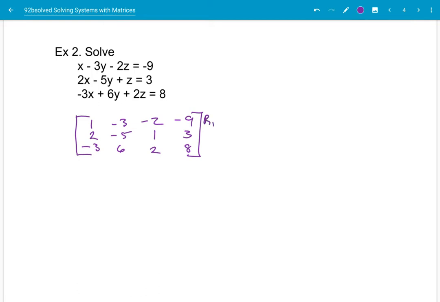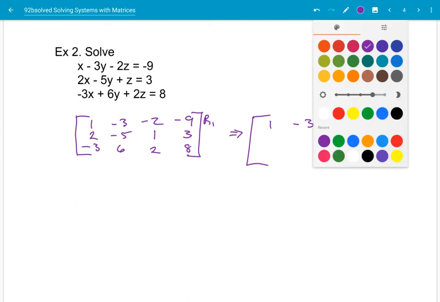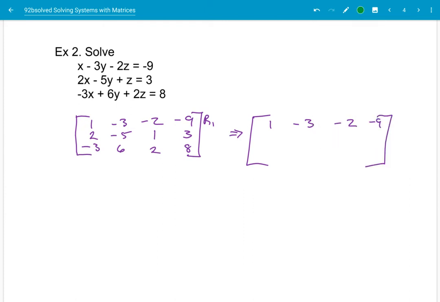Okay, row 1, I'm not going to touch in this step. I already have a 1 there, so I'm fine with that. Row 2, I need a 0. So let's do row 2 minus 2 row 1s. So that gives me 0, a positive 1, a positive 5, and 21.